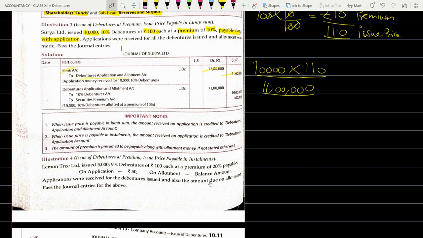Okay, look at the fourth question. What is given in the question? Can anyone read the question?